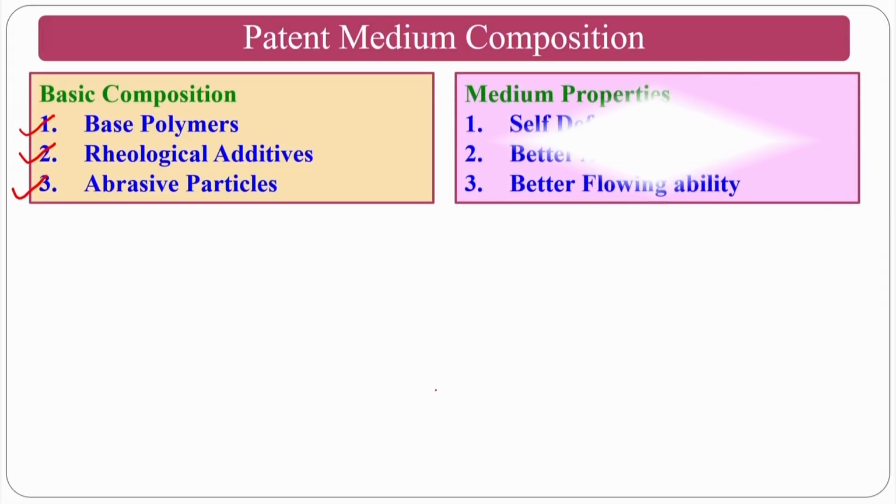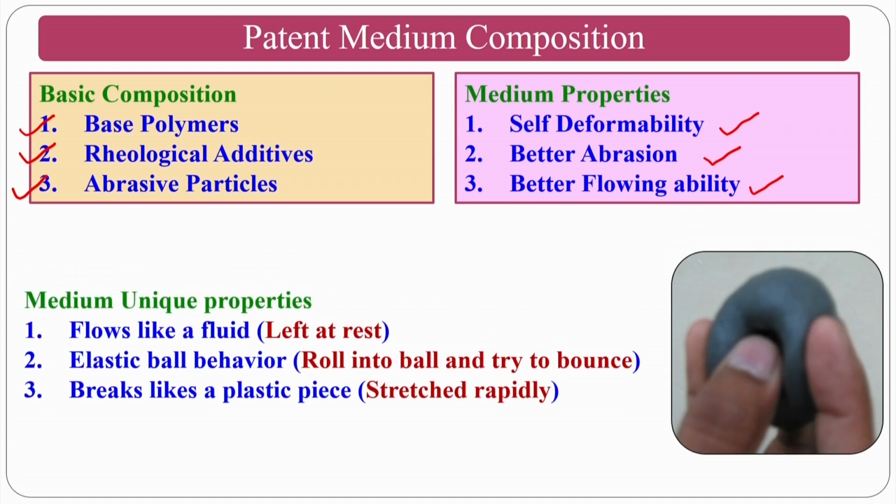The basic properties of the medium, as discussed, are self deformability, better abrasion and better flowability. These are the minimum requirements for the medium so that it can be used in the abrasive flow finishing process.